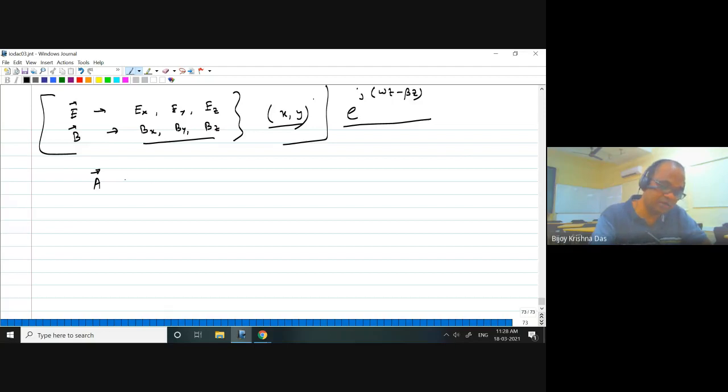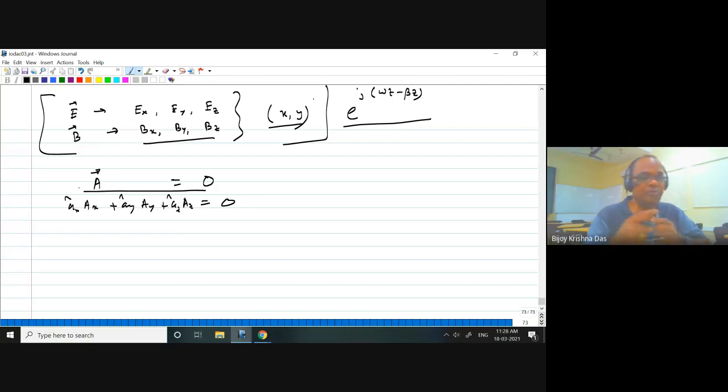It's a vector equal to 0. So the left hand side is a vector, which means it has an ax component, an ay component, and an az component. The left hand side together can be a combination of many vectors, and that is 0.